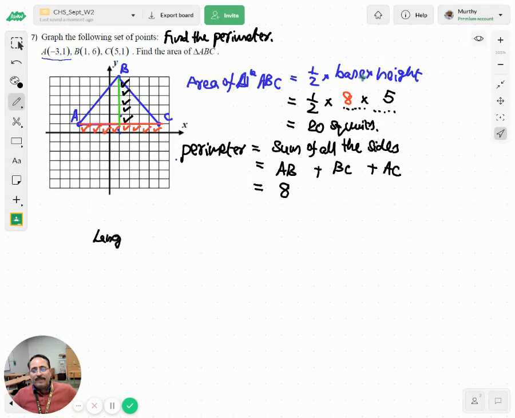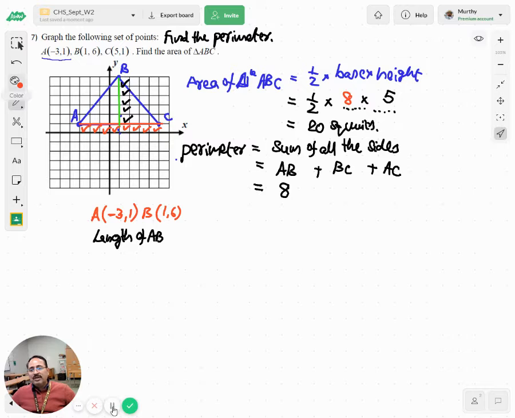the distance formula, length of AB. So here I'm using the distance formula. Let me choose points A, which is given as -3, 1, and B is 1, 6.